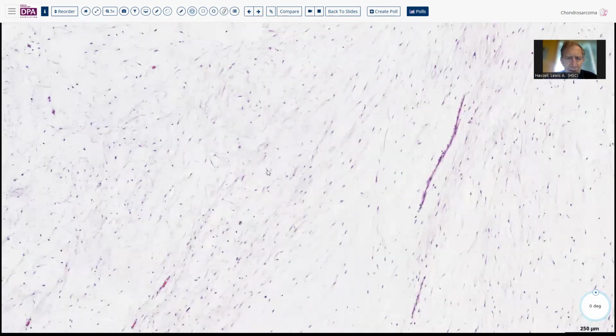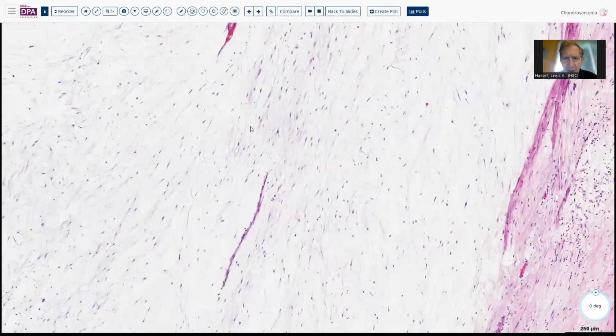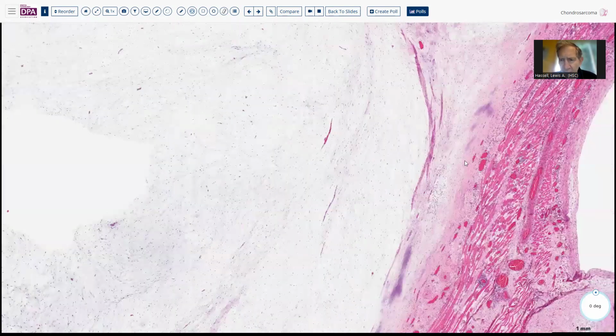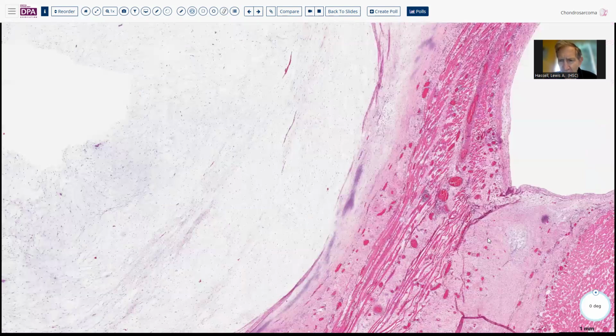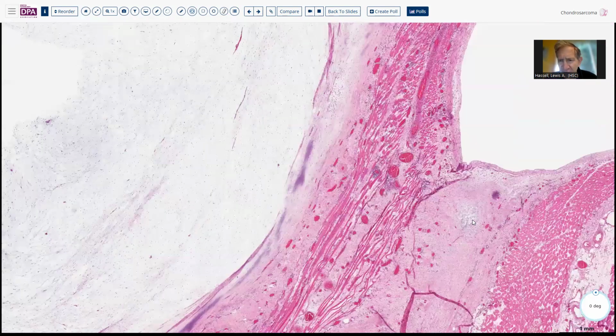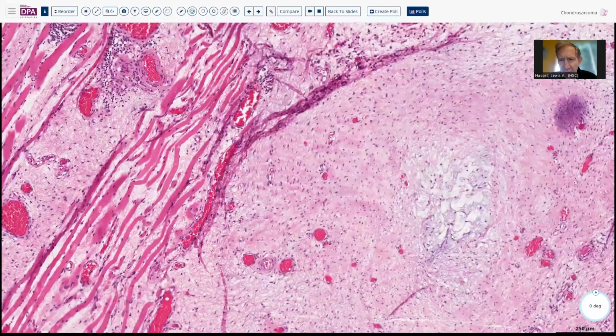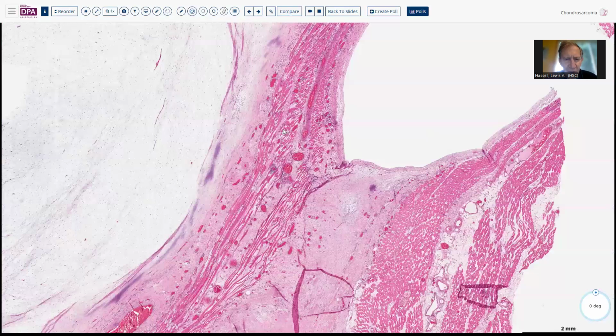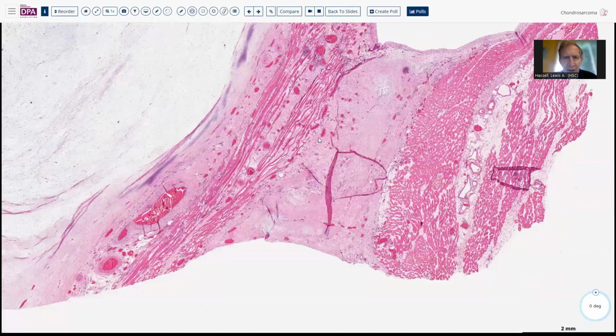Very loose matrix here, sharp borders. Although sometimes, as you see here, we can have areas of extension into other areas of the muscle, and probably that's what's going on here. So it's not totally contained, and making sure that you get good margins is of course valuable.